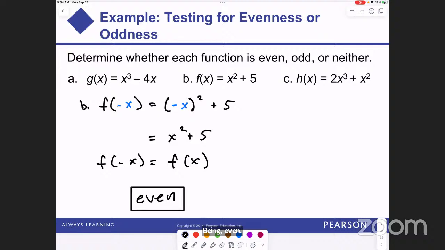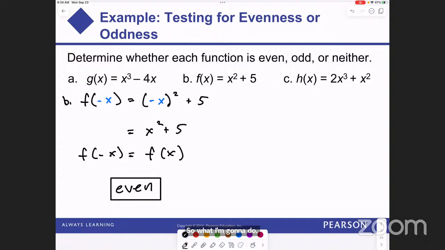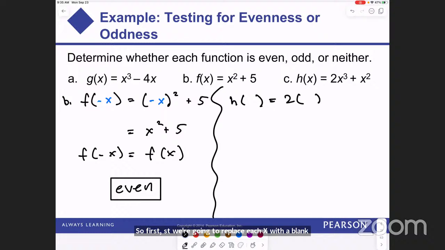Okay, I think I can fit C on the right-hand side here. So what I'm going to do is shrink this down just a little bit and create some space. Okay, and let's go ahead and test C. So first we're going to replace each x with a blank set of parentheses. We're going to replace each x with negative x.